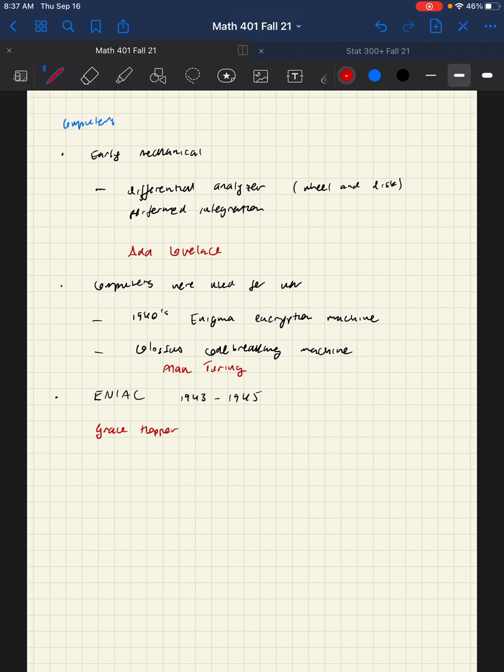Very sad story there. Only in recent times has Alan Turing been revindicated, I guess. Not that there was ever any need. He didn't do anything wrong.